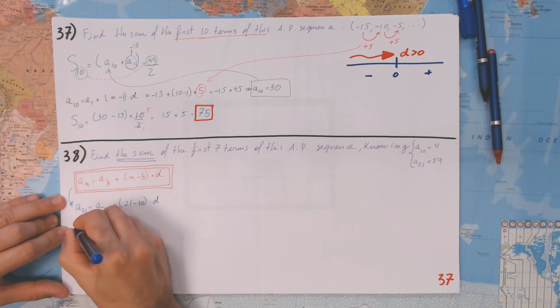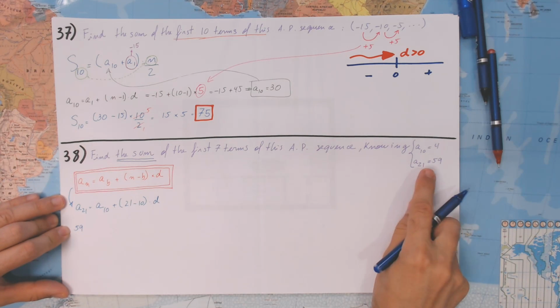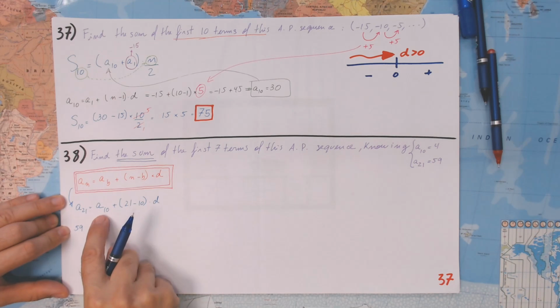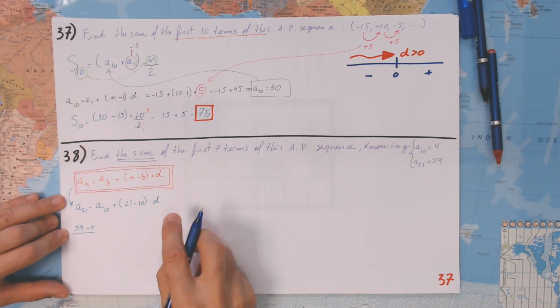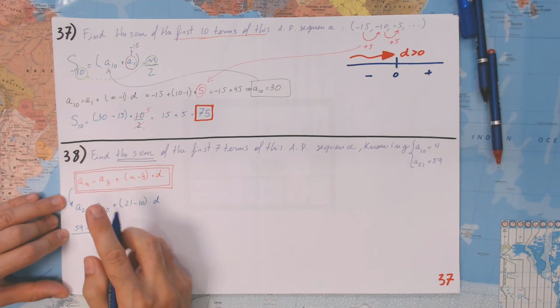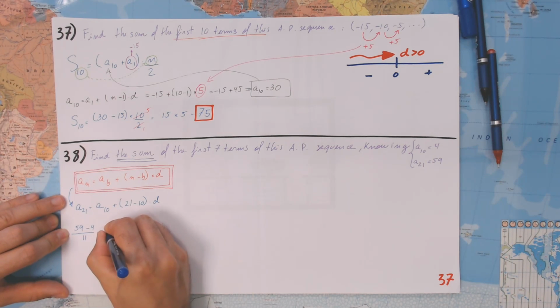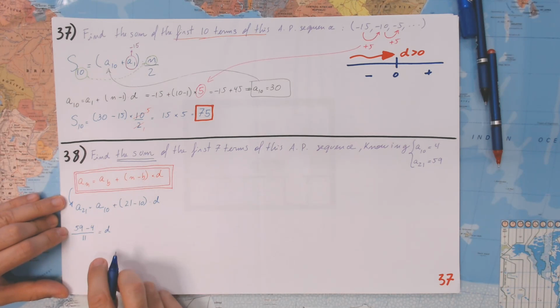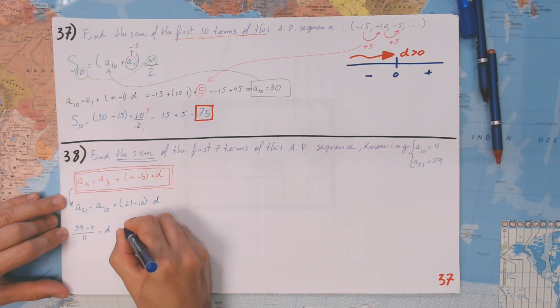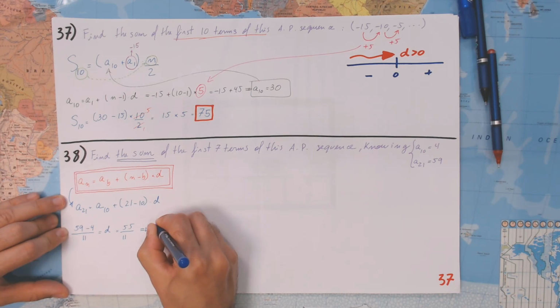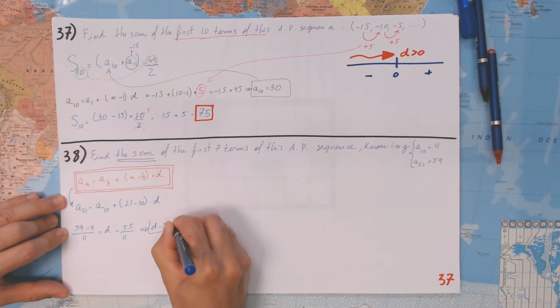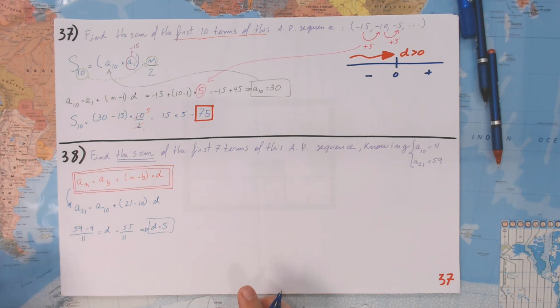From that we get D. So this is 59, A10 is 4. I'm just going to throw A10 to the side, minus 4, and divide by 11. This is going to be D. So D is 55 divided by 11, which gives D equals 5. So this is the first thing we have to know.